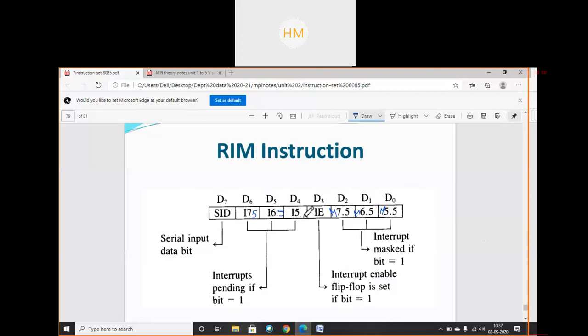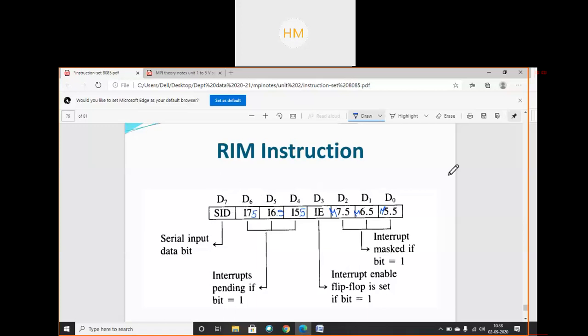That's why write like this. So D0 to D2 bits are masking of interrupt pins. D3 is interrupt enable. D4, D5, D6 are interrupt pending. Which interrupts are pending? The same interrupts: 5.5, 6.5 and 7.5. Then the last bit is your serial input data bit.